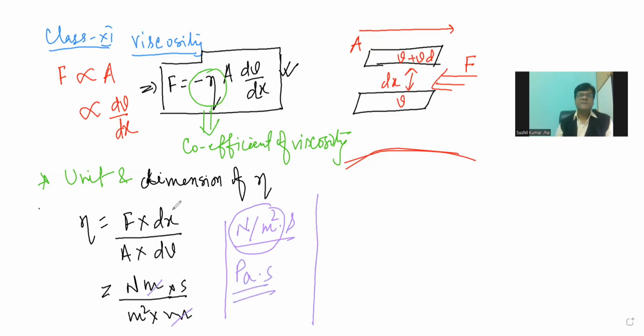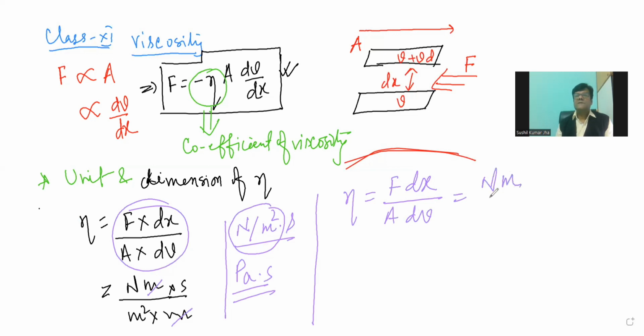Now let us find the dimension. To find the dimension, eta is F into dx divided by A into dv. F is Newton, dx is meter, divided by area, which is meter square, dv is again meter divided by second. Now let's write in MLT.